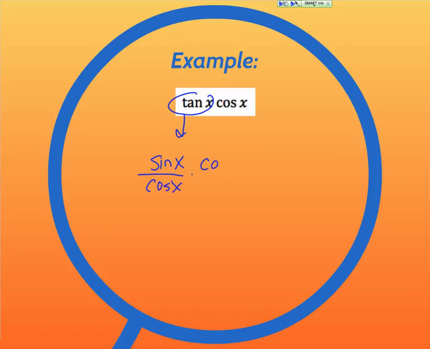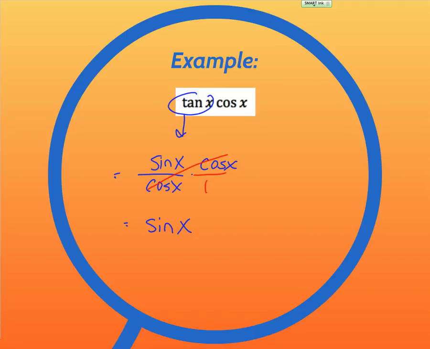This still stays cosine of x. So now what? Yeah, if I put that cosine over 1, these guys are going to cancel out. So all I have left is sine of x. Okay. Any questions?